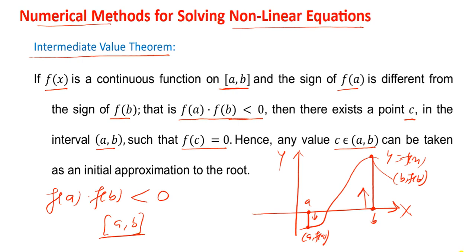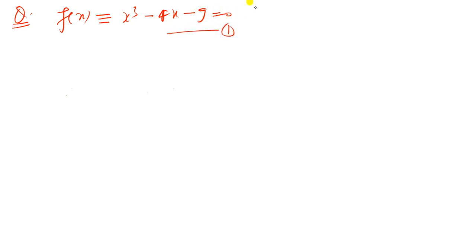Now here I am taking a question based on the intermediate value theorem. The question is: the equation f of x is equal to x to the power 3 minus 4x minus 9 is equal to 0. Say this is equation 1.